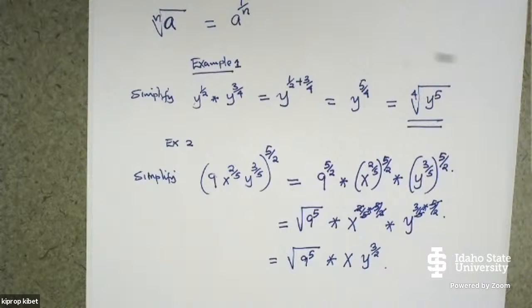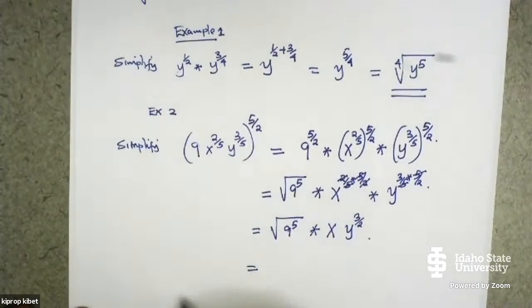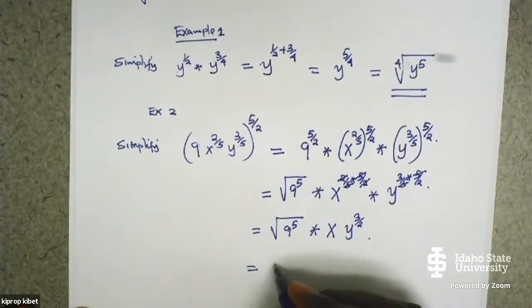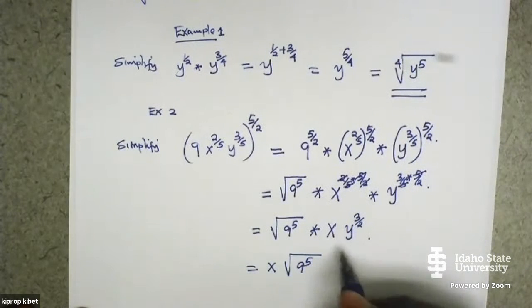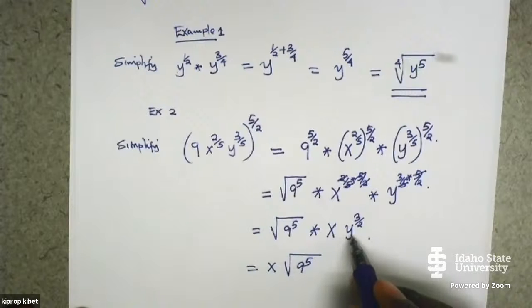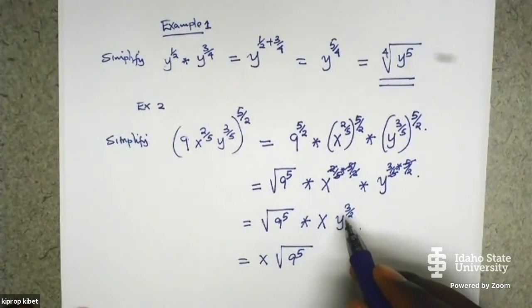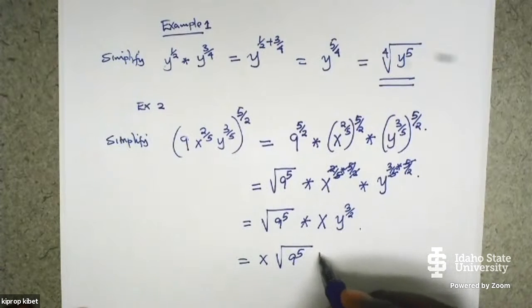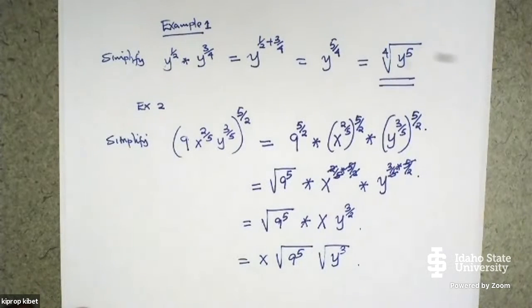Now this is also equal to, you can factor out x, the square root of 9 raised to 5, and then this y raised to 3/2 in radical form can be written as what? The square root of y raised to 3.